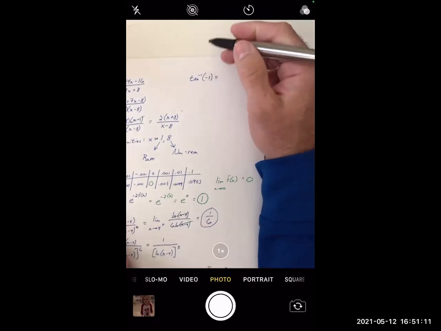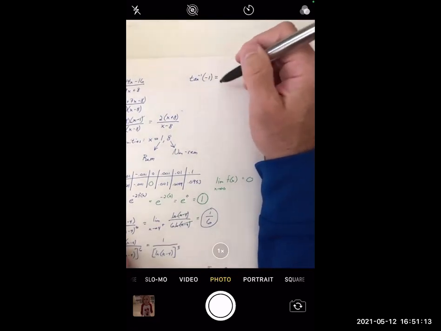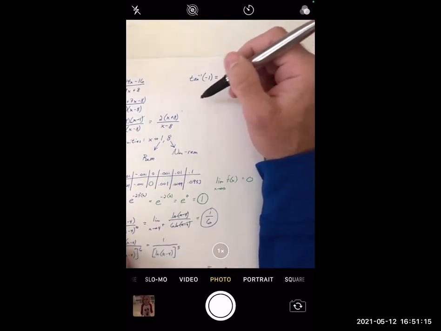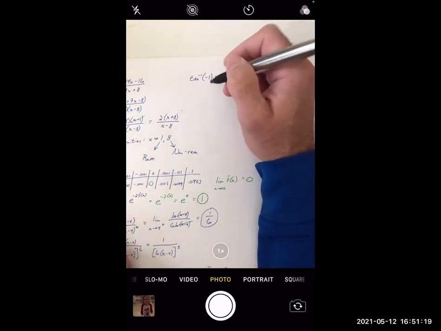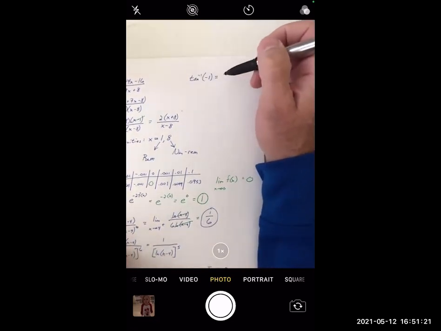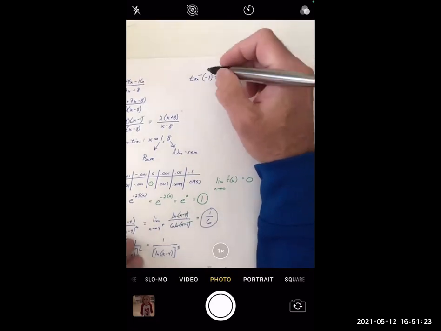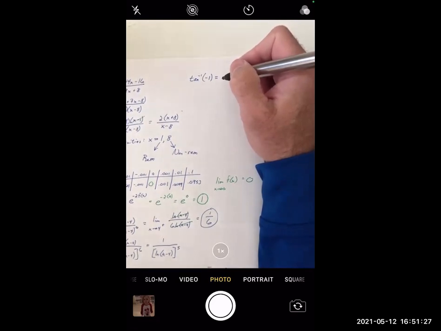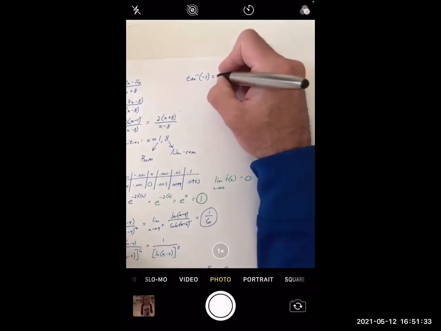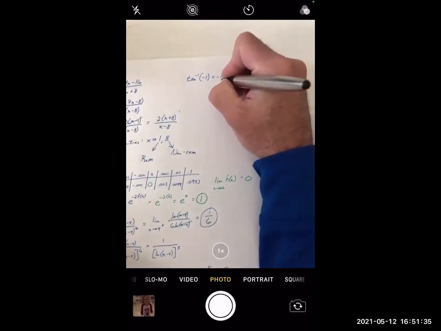So inverse tangent, your answers can only go from negative pi over 2 to pi over 2. So when you say 7 pi over 4, that's not in the range of it. So if it's not 7 pi over 4, what is it actually? Negative pi over 4. Yeah, negative pi over 4.